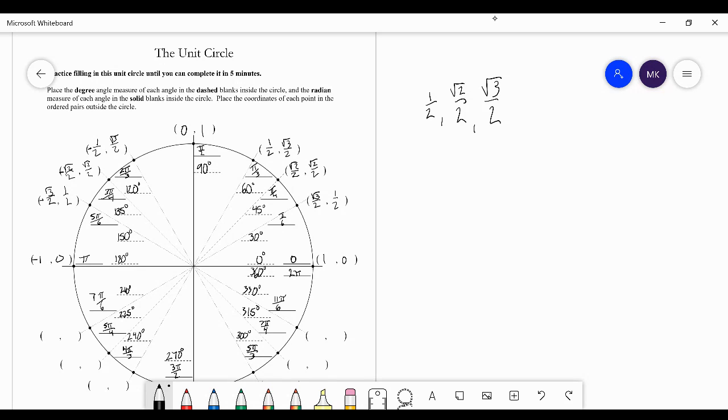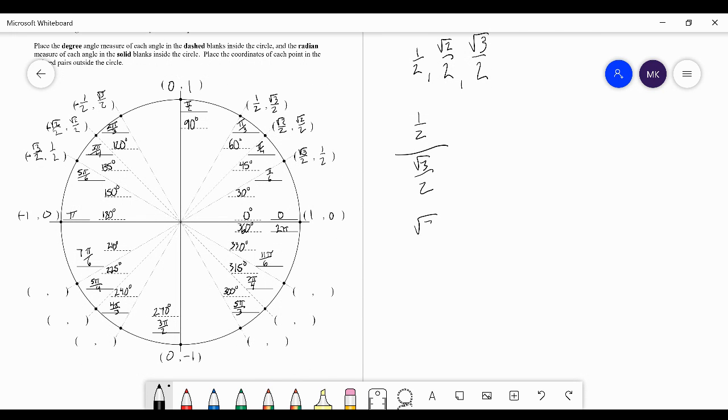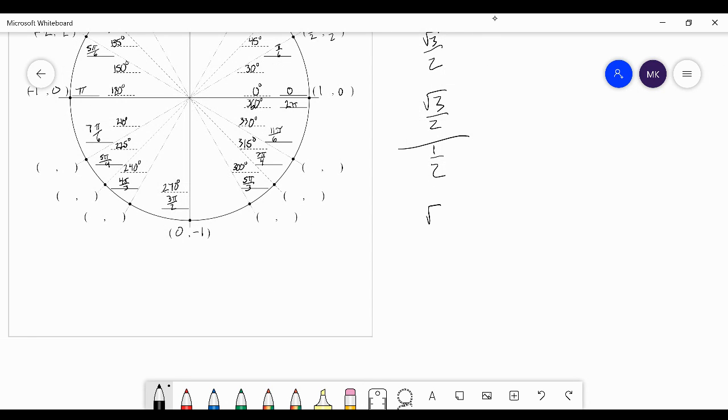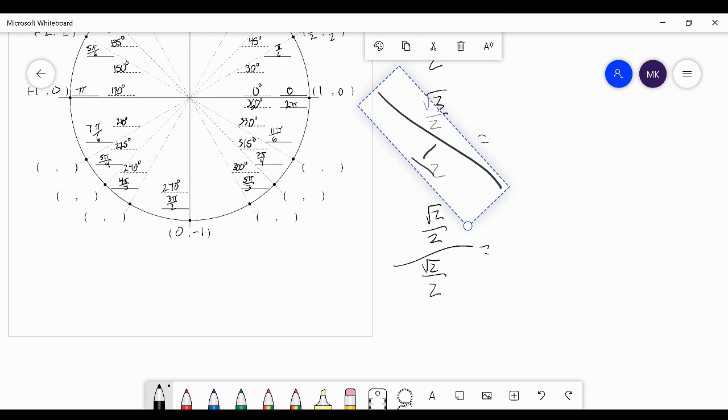For tangent, we could have 1/2 over √3/2. We could have √3/2 over 1/2. And we could have √2/2 over √2/2. It's a good idea to know what these simplify to very quickly.